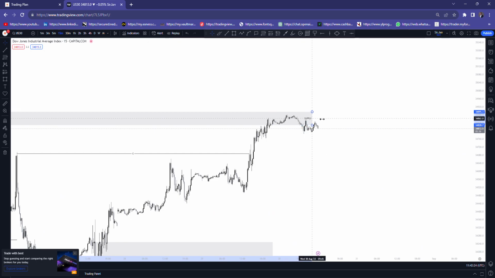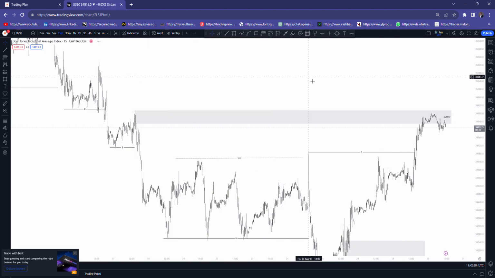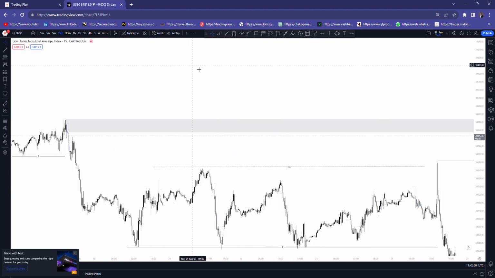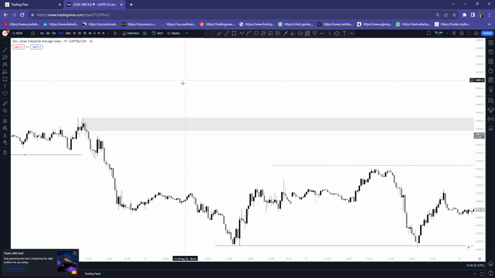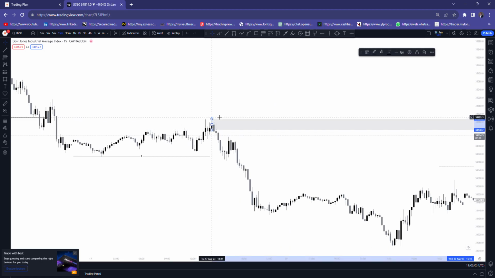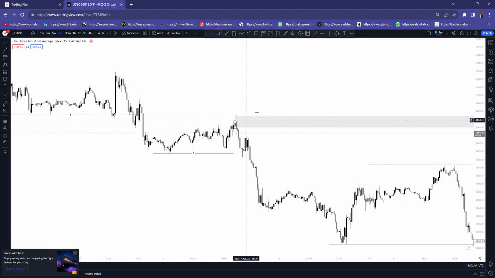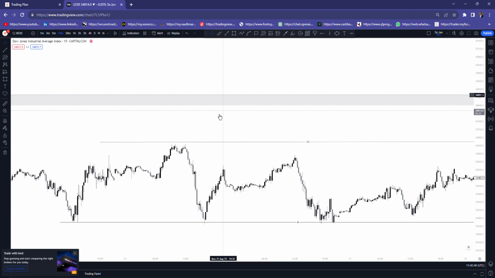Okay, let's take it to this. Then we go back here. We want to find that 15-minute zone. Our 15-minute zone is still intact. We're just gonna move this a bit here to make it nice and clean. Now this is our 15 minutes.